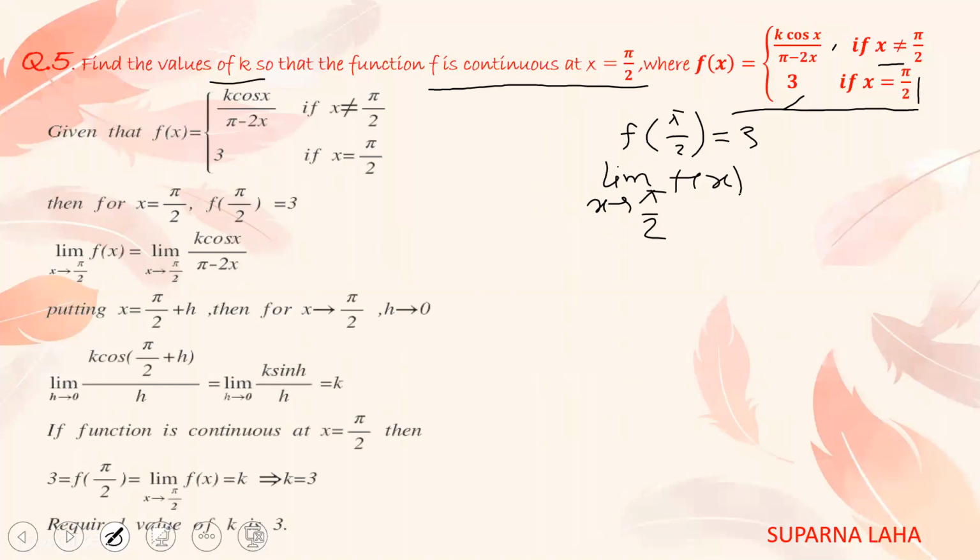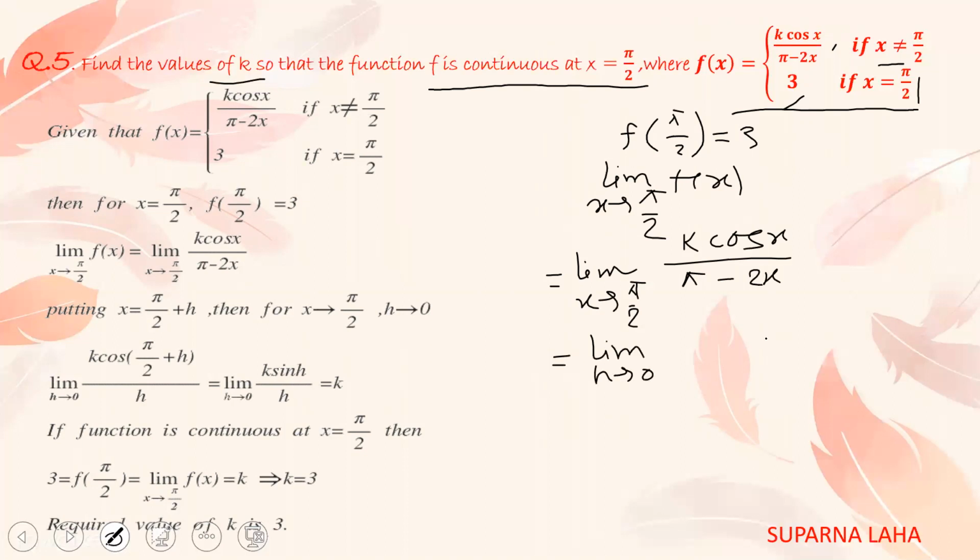What is this? Limit x tends to pi by 2, k cos x by pi minus 2x. Now this value I can write as limit h tends to 0, k sine h by h, where I am taking x equal to pi by 2 plus h.